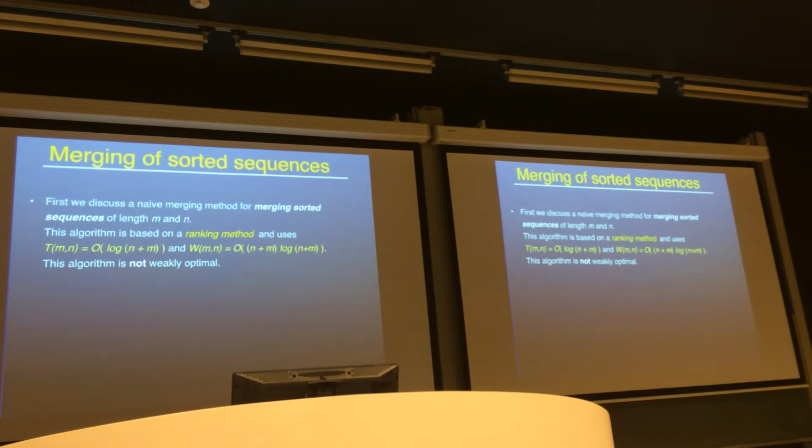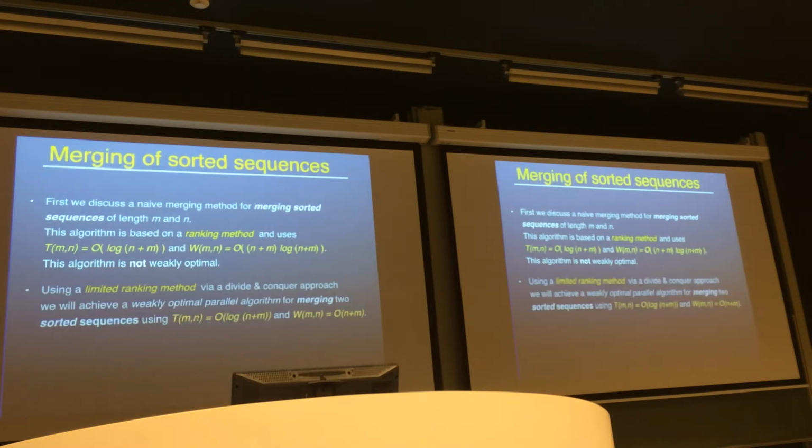Instead of using m plus n, so linear time, now we will use log of m plus n. But our work profile is not okay, because now we are using (m plus n) times log(m plus n). So too much work. That means that somehow, in using our parallel algorithm, we are losing information that a sequential algorithm is capable of using. That's usually an indication that you don't have a weakly optimal algorithm.